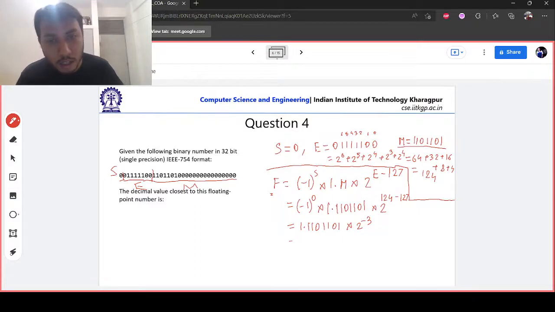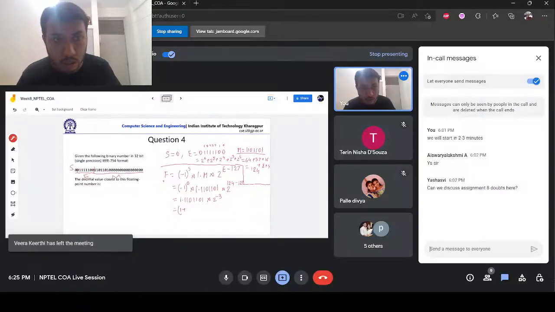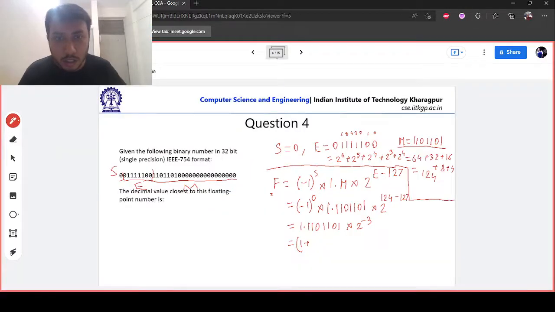Simple, what we will do, so this becomes 1, this one stands as what it is, then this is basically 0.5, then this next one is 0.25.